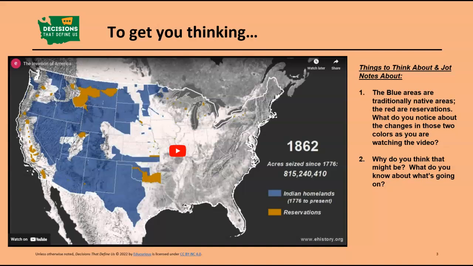Okay, so those questions: the blue areas on the map are traditional native lands. The red ones are reservations. What do you notice about the changes in those two colors as we're watching the video? Okay.